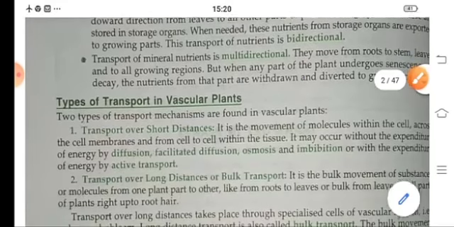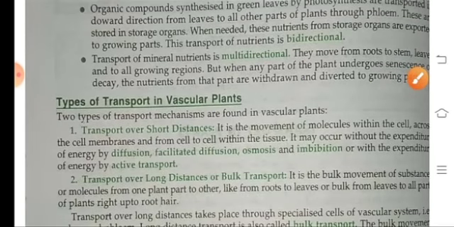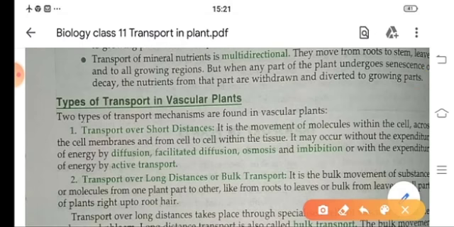Now this water which is absorbed in the plants should be carried throughout the plant body. So there are two types of transport mechanisms which are found in vascular plants: transport over short distances and transport over long distances or bulk transport.